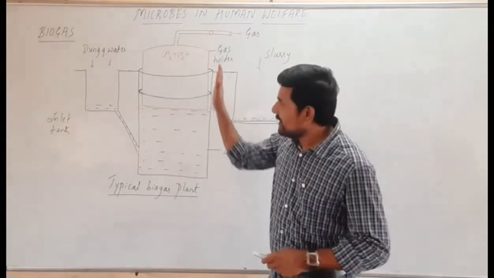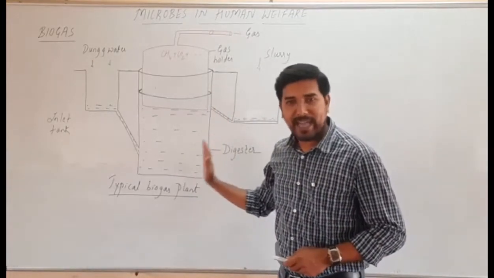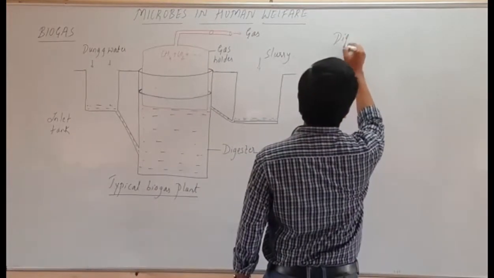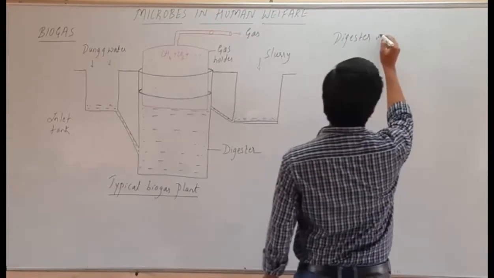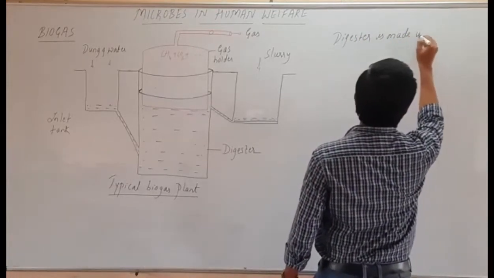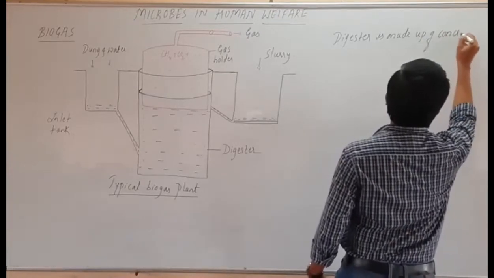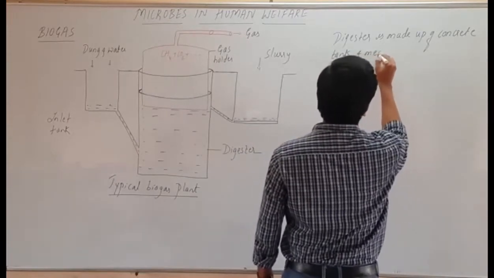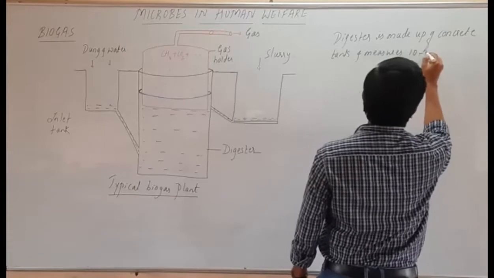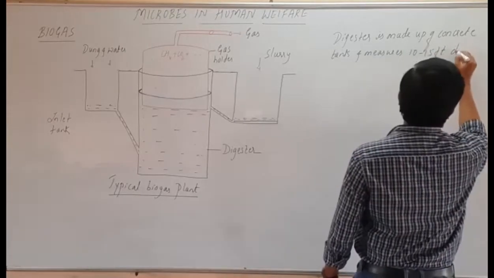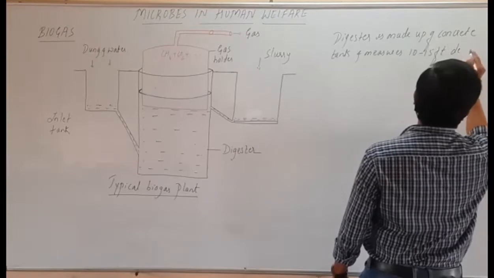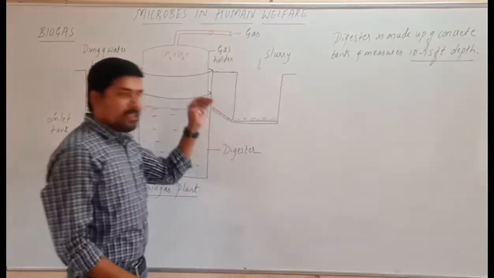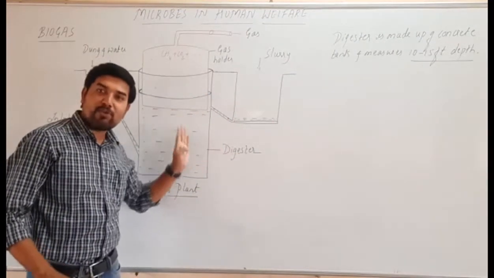Now the digester is made up of a concrete tank and measures 10 to 15 feet in depth. That means the depth of this tank is around 10 to 15 feet.